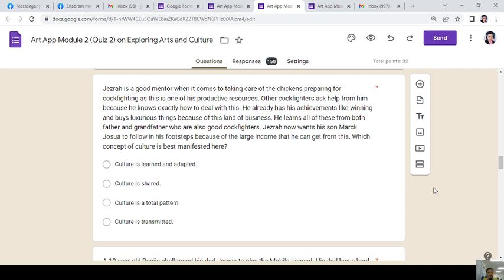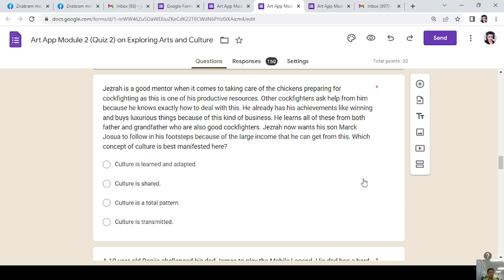He learns all of these from both father and grandfather, who are also good cockfighters. Jezra now wants his son Mark Joshua to follow in his footsteps because of the large income that he can get from this. Now the question here is, which concept of culture is best manifested here?